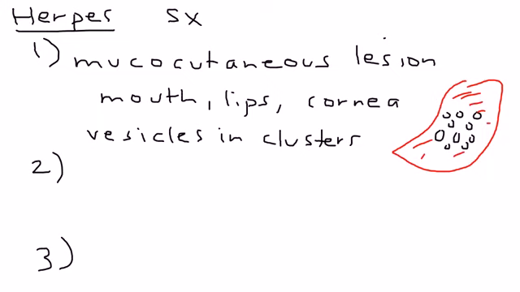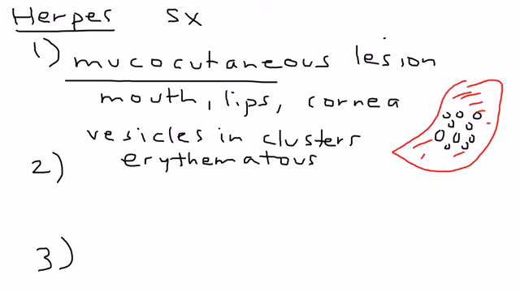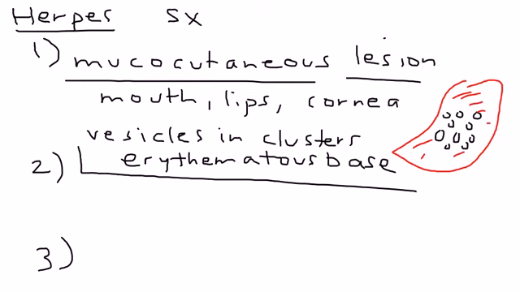So they describe that as an erythematous base. And I encourage you to look up pictures of the herpes mucocutaneous lesions to get an idea of what this looks like.